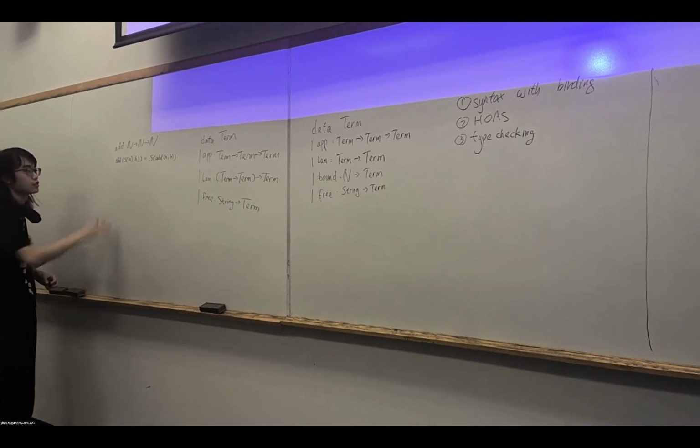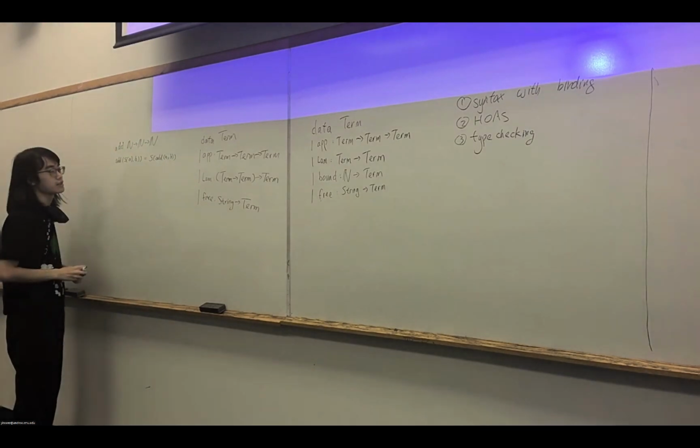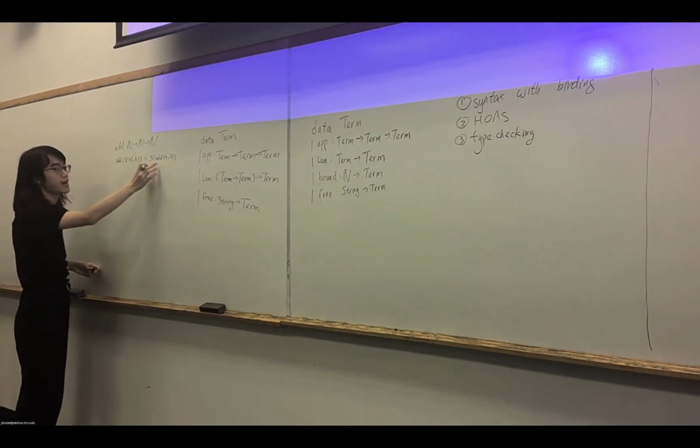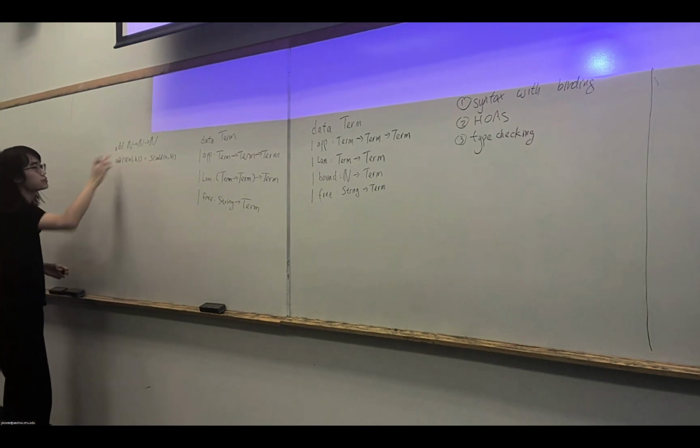And when we type check this definition, we'll first have to add the add function into the context and check the function body with add in the context. And after type checking, we'll replace add with the actual definition of add.